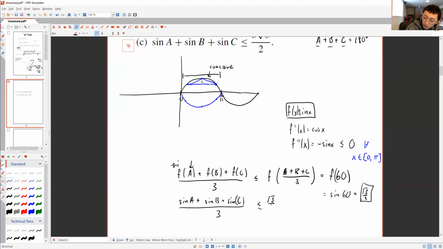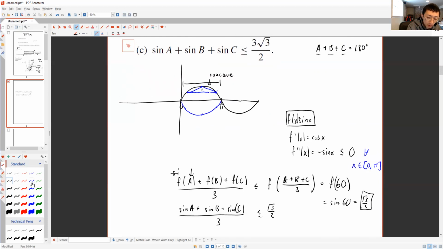Let's just rewrite it here. And if we multiply by 3, we get exactly the inequality above. Move the 3 over, and we've proven the inequality.